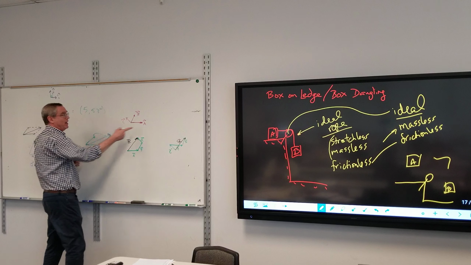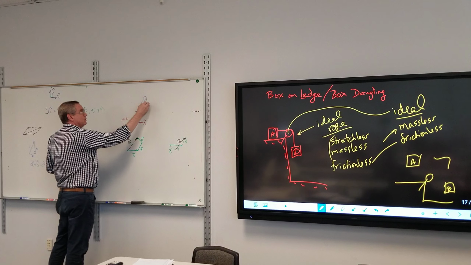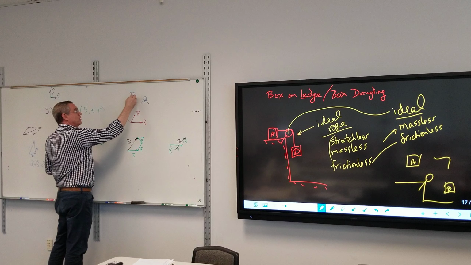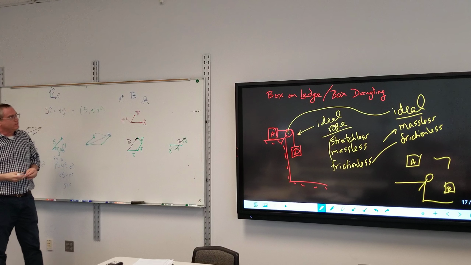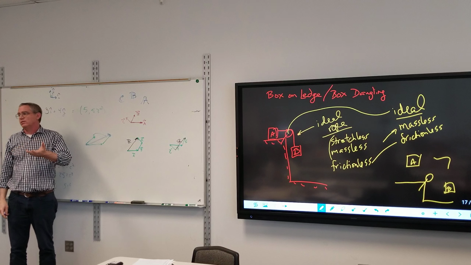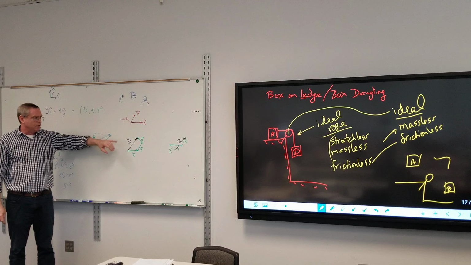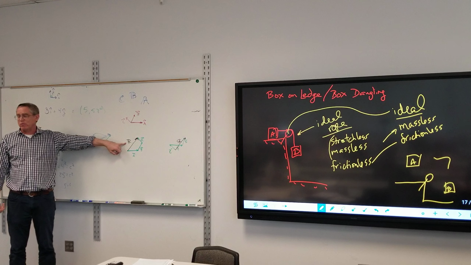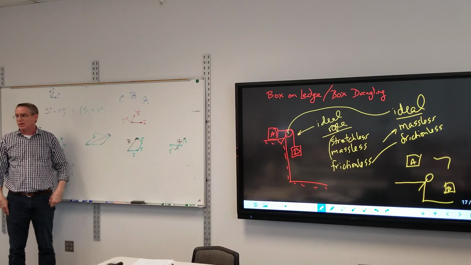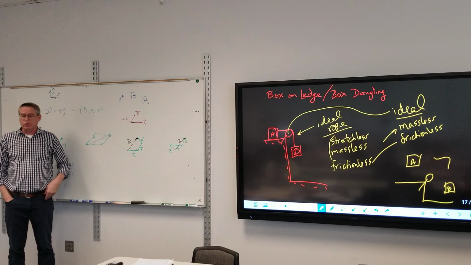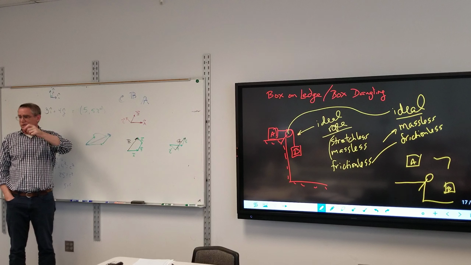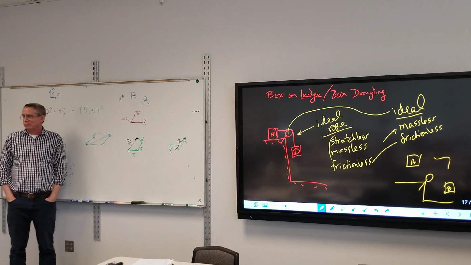I could have expressed A like that, B. So double print also works. I don't know why I do that, but it's just another way of representing a vector. You don't have to; you could just do R with a vector symbol over it.